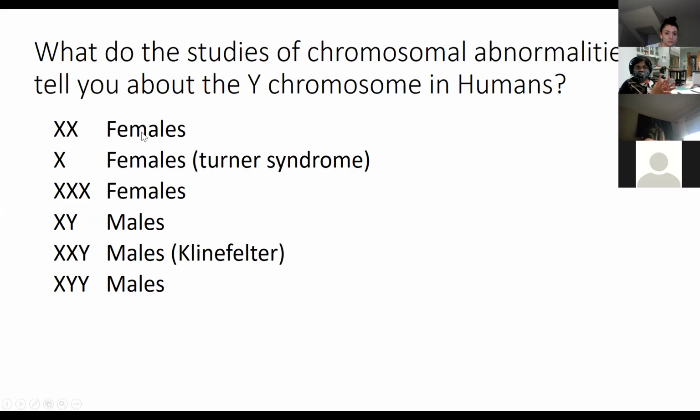So this is a scenario where they looked at all these different individuals with different genotypes of these X and Y chromosomes. What does this tell you guys about the Y chromosome?